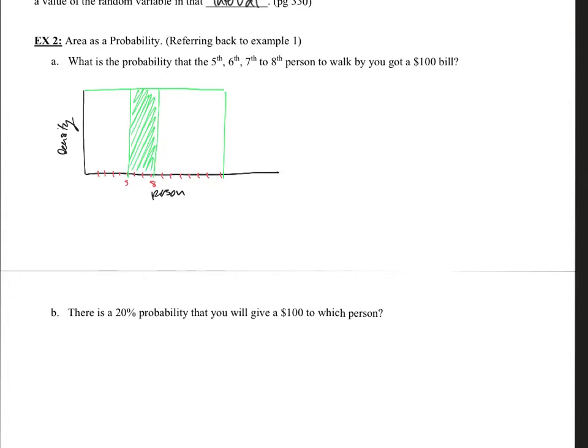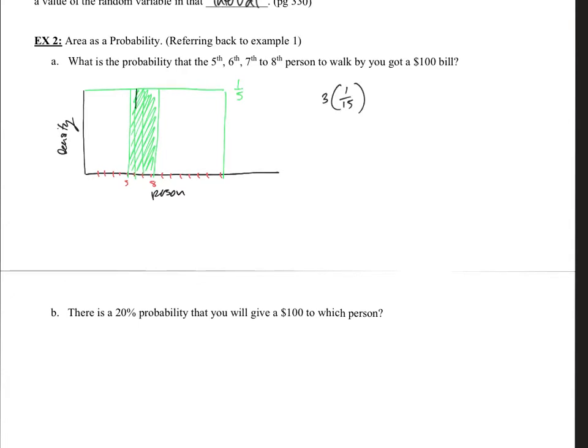Well, how do we find that probability? We're going to just multiply the probability for this area, which is 1/15th, by each of those independent miniature intervals. So how many of them are there? Well, from 5 to 8, there are 3. So we take 3 and multiply it by the probability, which is 1 over 15.